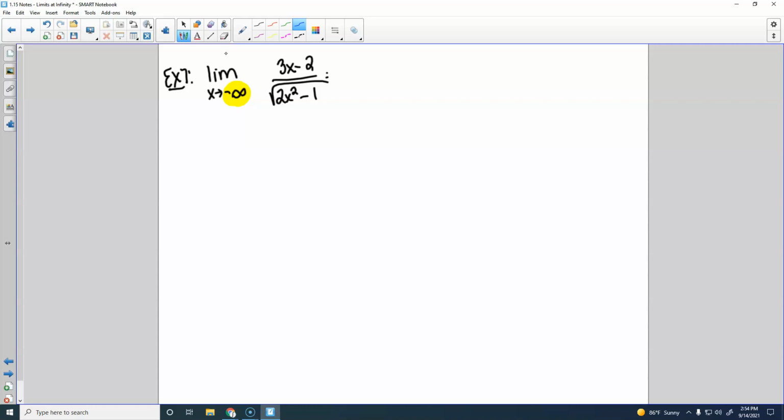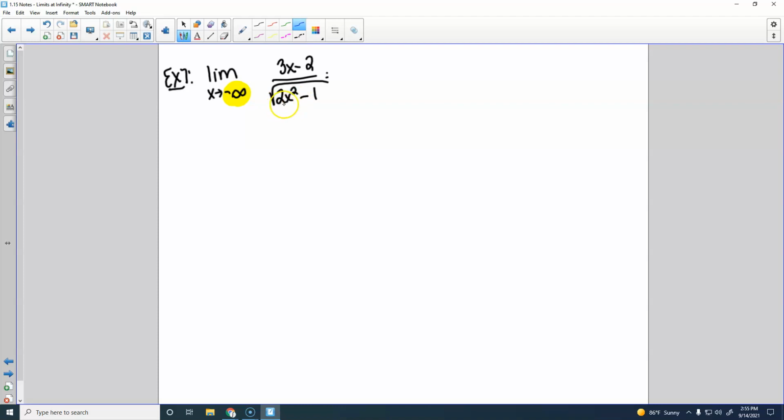Pay close attention. So just like the last problem, because this is essentially the last problem, except for this time it's negative infinity.